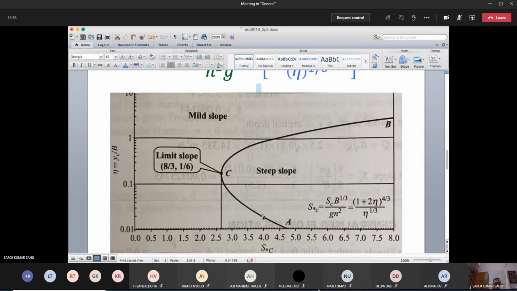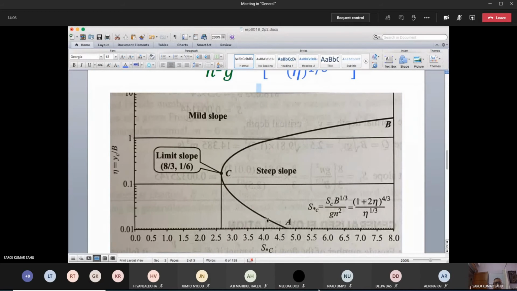Up to that value of eta you will have mild slope, and from that value to this value you will have steep slope. And if y further increases, eta further increases, then again you will enter the mild slope. So you can evaluate a zone where it is steep slope and the rest of it is mild slope.